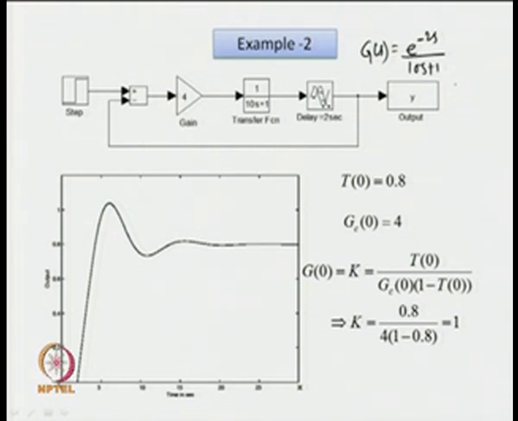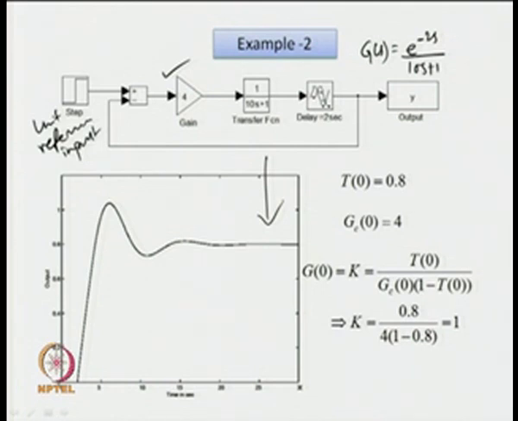Again, we will not increase the proportional gain yet; let the gain of the proportional controller be 4. With this gain, when the unit step reference input is applied, the process output is found to be of this form.